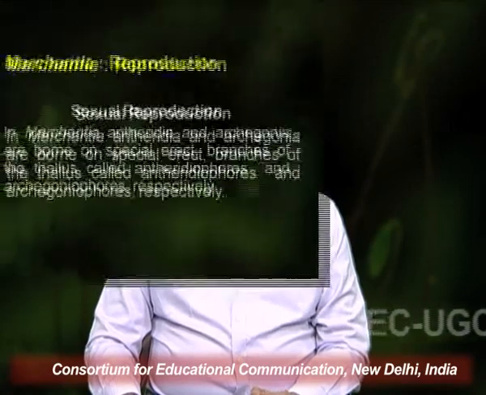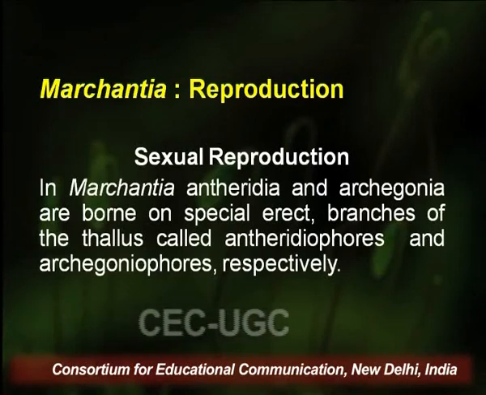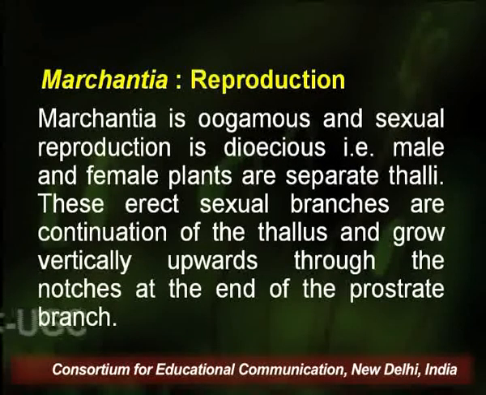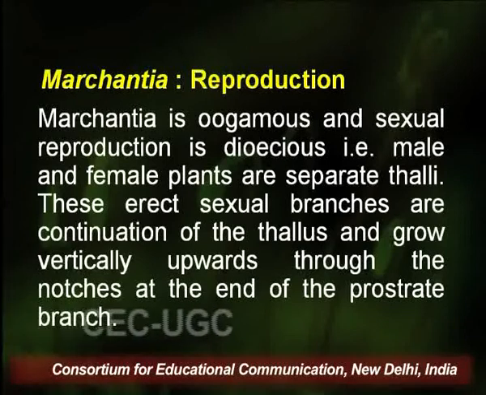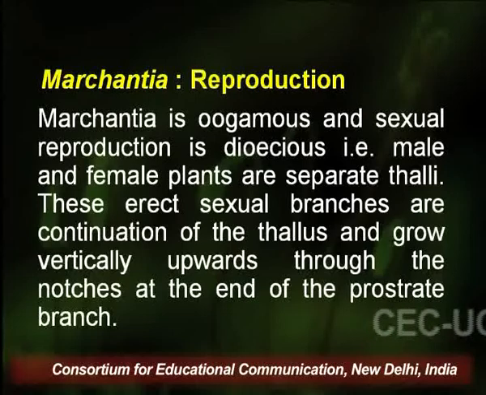Now let us talk about sexual reproduction in Marchantia. In Marchantia, antheridia and archegonia are borne on special erect branches of the thallus called antheridiophores and archegoniophores respectively. Marchantia is oogamous, and sexual reproduction in Marchantia is dioecious, that is, male and female plants are borne on separate thalli.